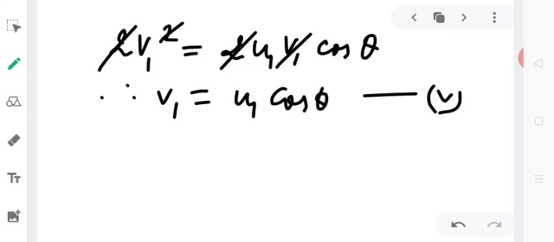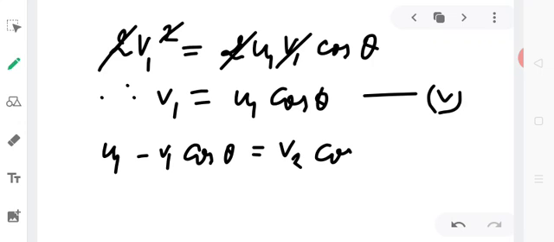Now on substituting, we had the equation u1 minus v1 cos theta equal to v2 cos of phi.